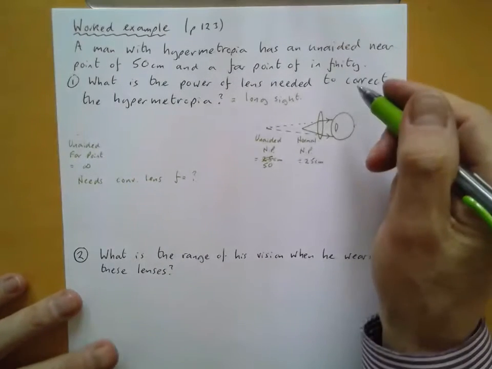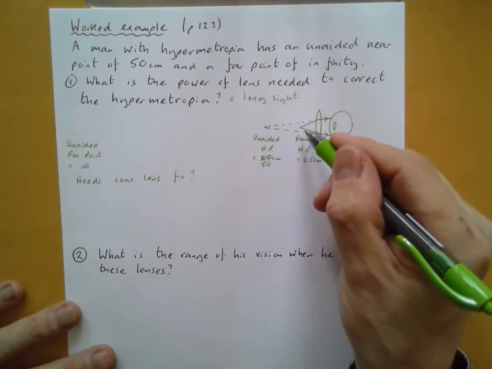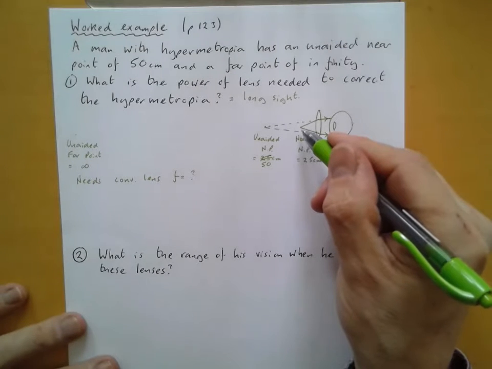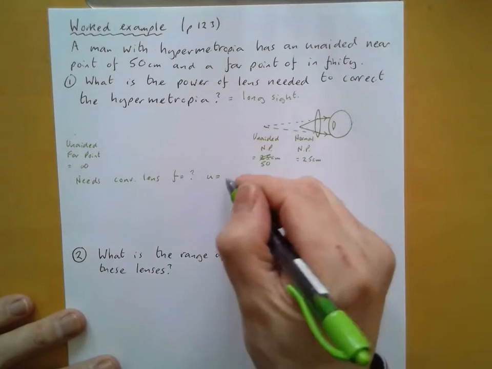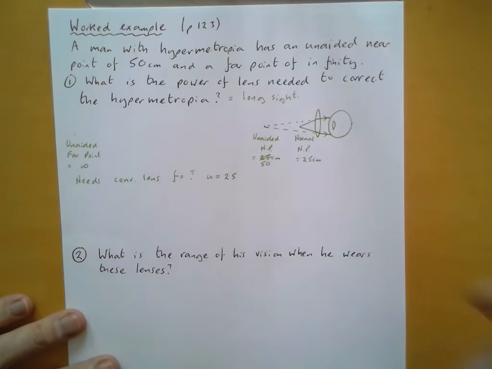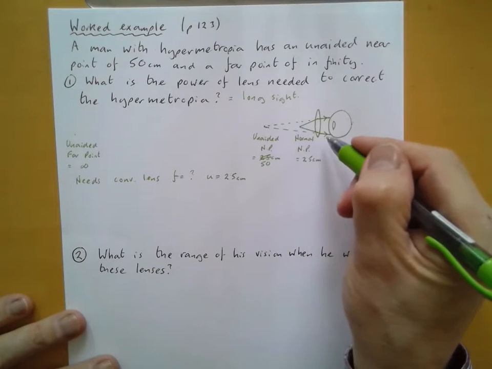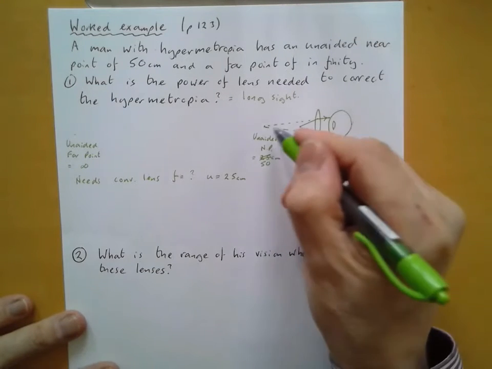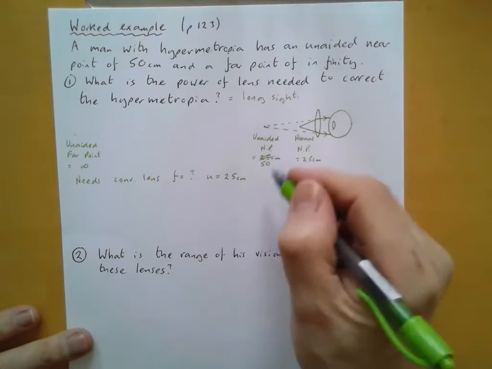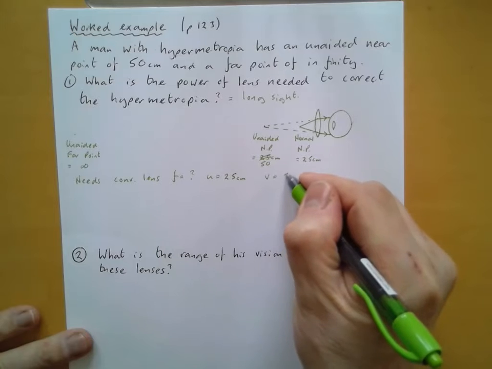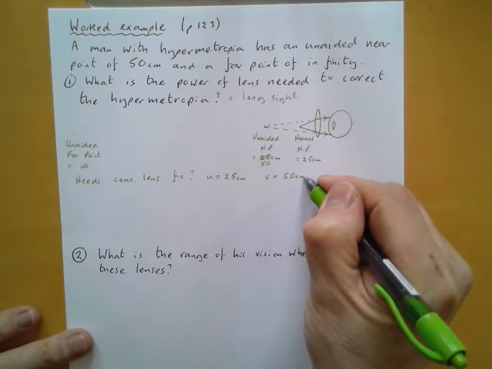Okay? So, in other words, if we put an object at the normal near point of 25 centimeters, in other words, we have an object distance of 25 centimeters, then that will produce a virtual image at 50 centimeters. So the image distance has to be 50 centimeters.